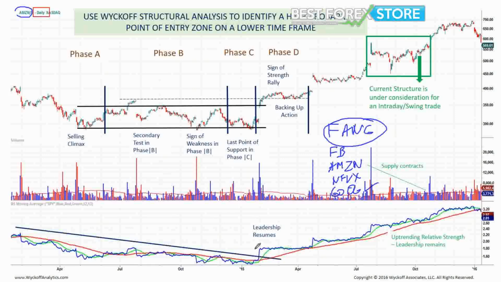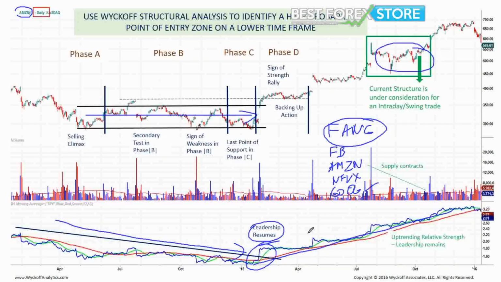This is the leadership signature that you're going to see in this type of stocks, where during the consolidation, we have a downtrend in their leadership, but then there is a break to the upside and the leadership resumes. And during the stepping stone, you're still going to be in the long-term trend right here. But on the short-term trend, that leadership is going to fade out.